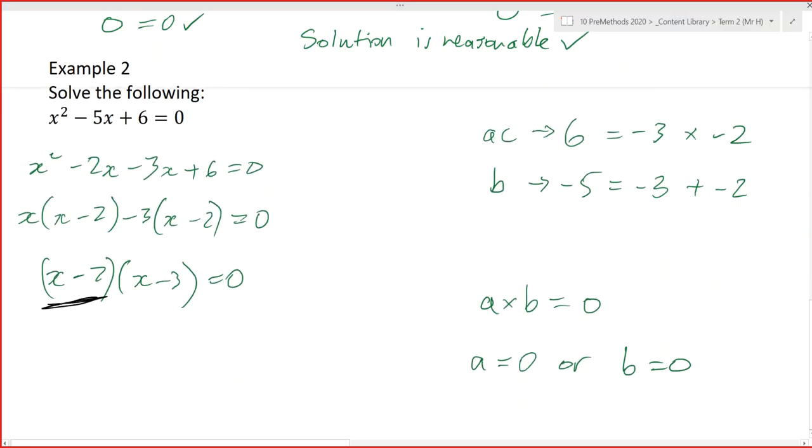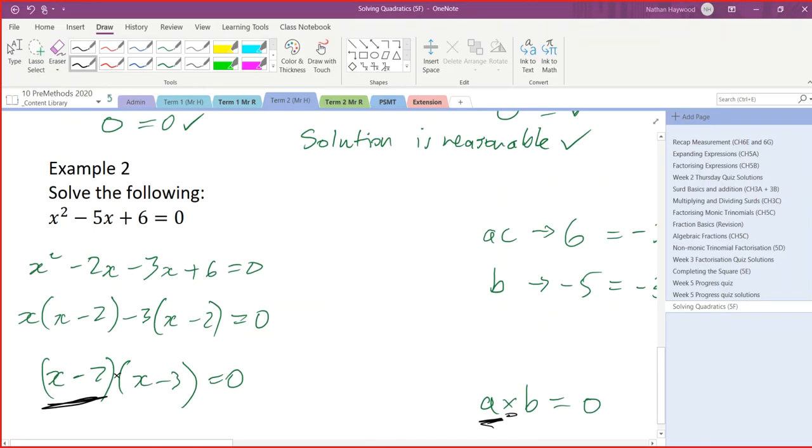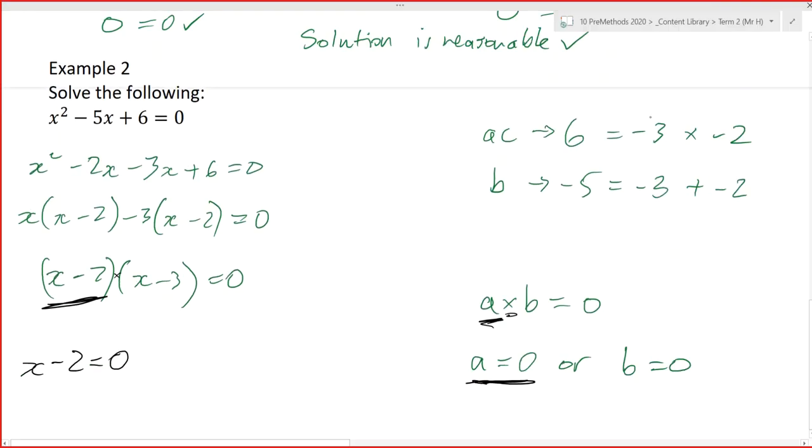If this is our A, we're going to make A equal to 0. I've made A equal to 0 because there's a multiply here, just like there. Now I'm going to make my B equal to 0.